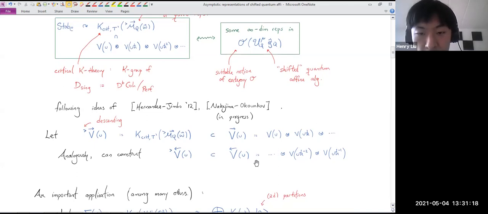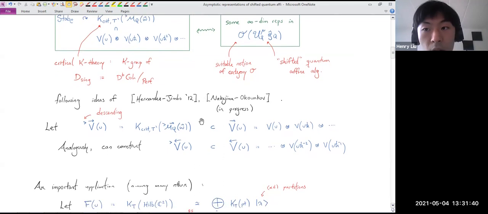So we'll notate that by V with the arrow pointing in the other direction. And so very, very analogously, we can also think about descending flags inside this semi-infinite tensor product pointing in the other direction. Okay, so that's a piece of notation.